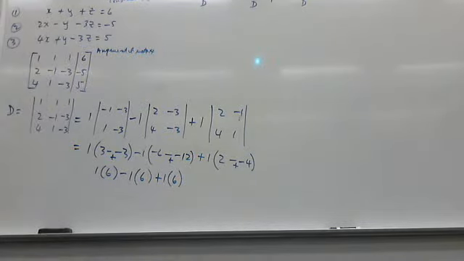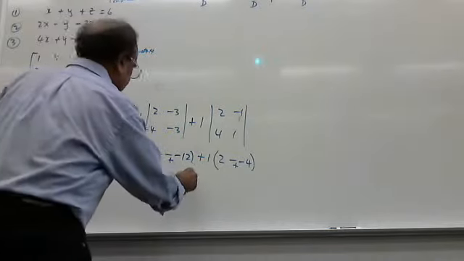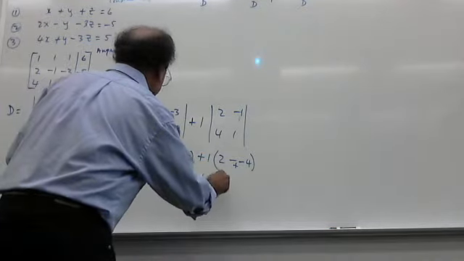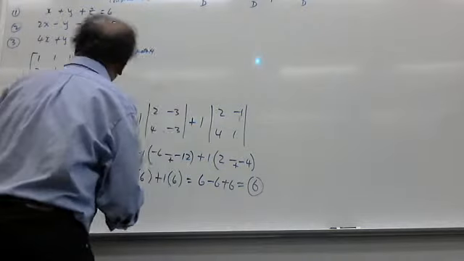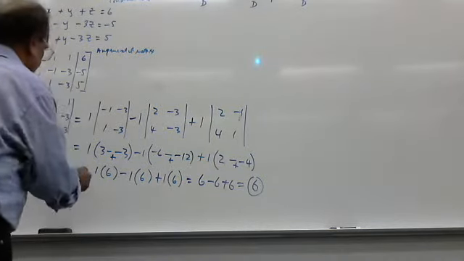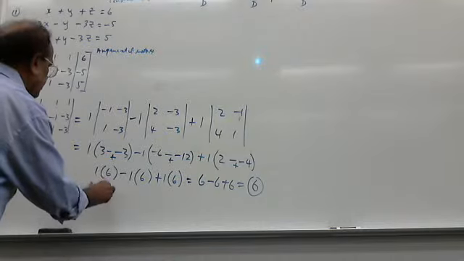So let's evaluate what we have here. This is equal to 6 minus 6 plus 6, and this gives us 6. So our determinant D is equal to 6.